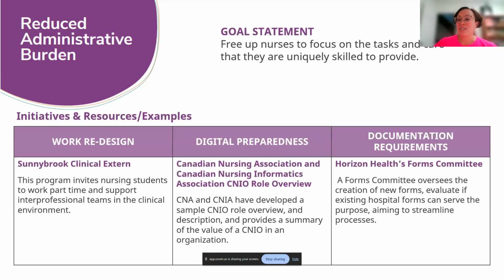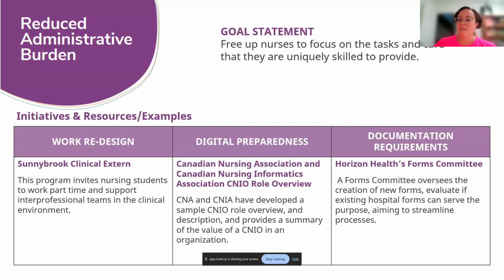Okay, so here you see all three of the initiatives. You see work redesign, digital preparedness. We've highlighted some tools from CNA and CNIO, really about having chief nurse information officers, ensuring that we have that nursing lens to digital preparedness and decision support tools. And then documentation requirements is another example. We've highlighted the English Health Authority in New Brunswick, Horizon Health's Forms Committee.